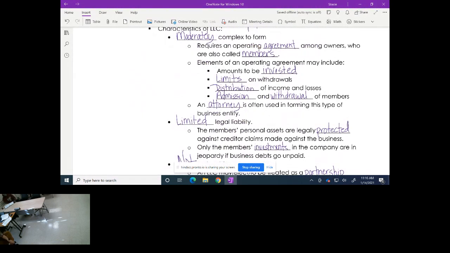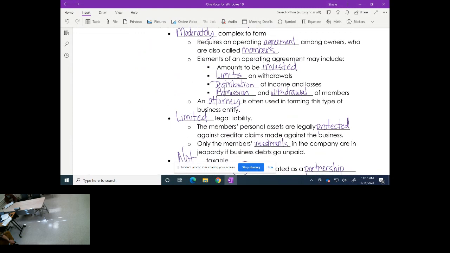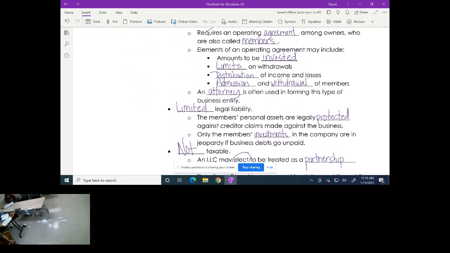Use an attorney. In this case, you're going to have limited legal liability, so the owner's personal assets are legally protected. The only thing you're going to lose in an LLC if you get sued or something happens is what you put in, your investment. So again, it's kind of a no-brainer.